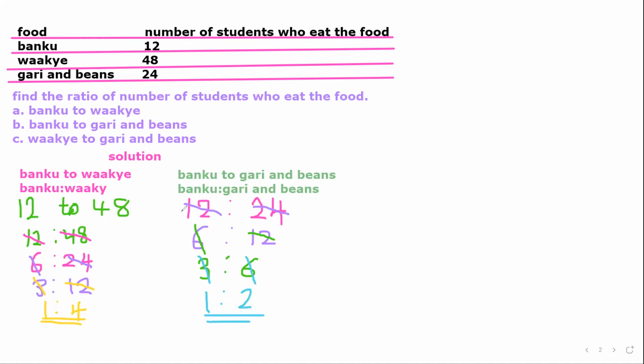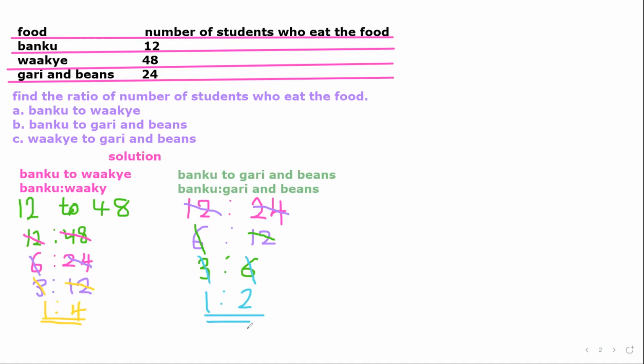So the simplest ratio for the number of students who prefer Banku to Gari and beans is 1 to 2. So which means when you call 3 students, only one person will be eating Banku on campus, and 2 students will be preferring Gari.